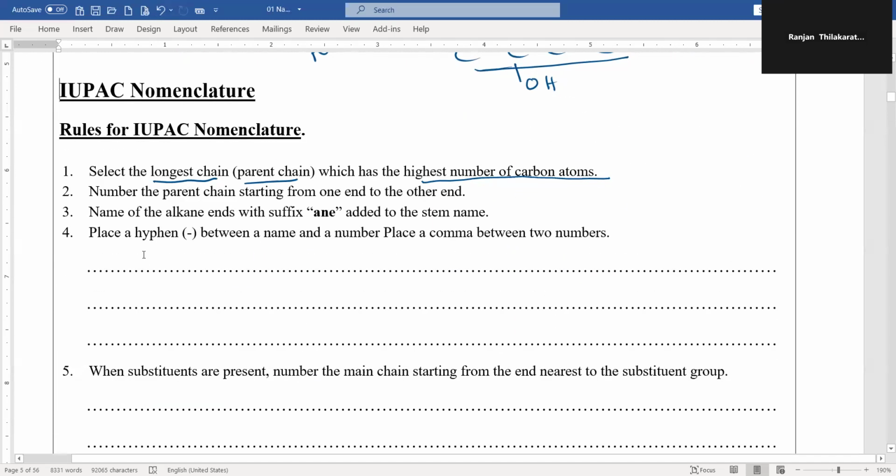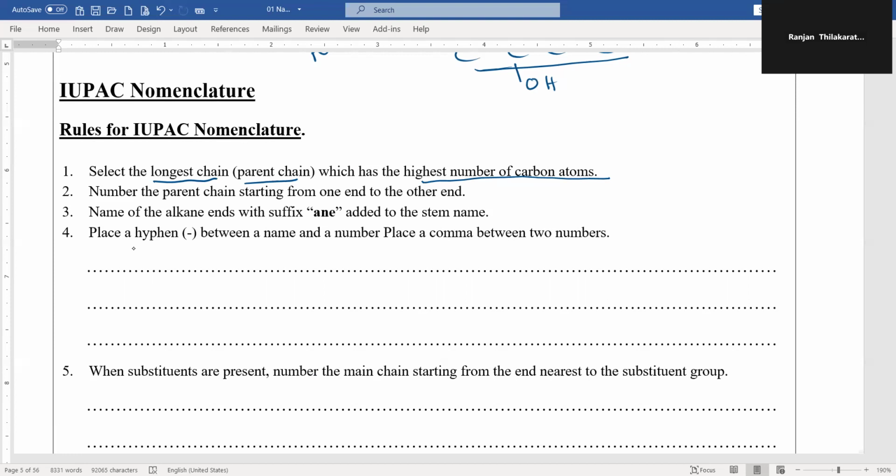Then second, name the parent chain by numbering from one end to the other end, giving numbers 1, 2, 3, 4, 5 up to the last carbon atom. So you choose the parent chain and label the carbon atoms, 1, 2, 3, 4 like that.